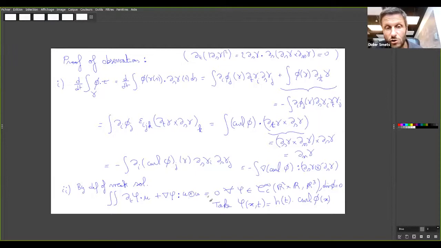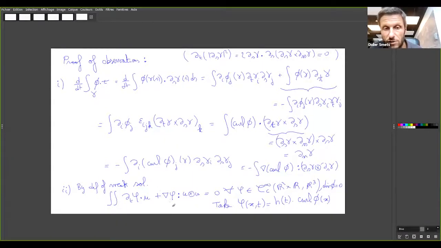Now, this identity is really close to the one I wrote on the previous slide. So this is a space and time vector field, and the divergence is, of course, only on the space variable. You just take as a vector field the product of an arbitrary function of time times the curl of phi, and phi is the one that appeared in the previous slides.